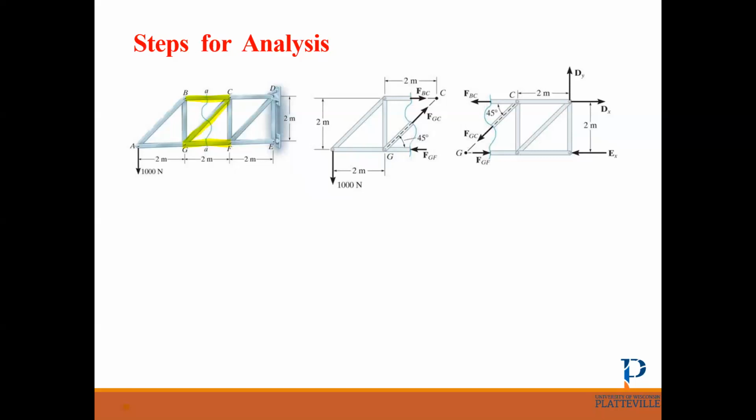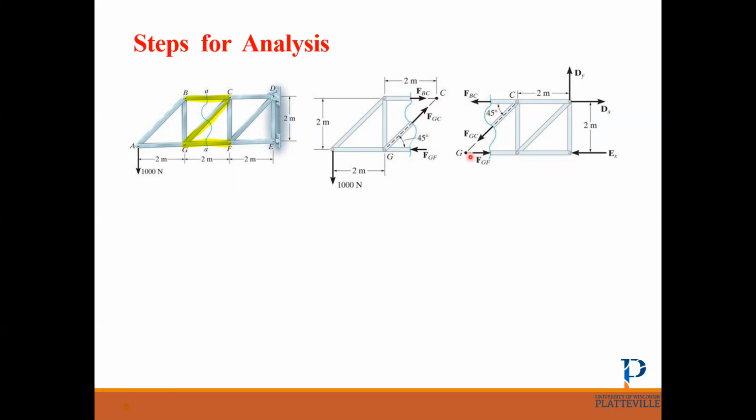So we have all external forces, including external reactions Dx, Dy, Fx, and all internal forces. And 1000 Newton is an external force. So we just assume all of them are in tension. This one is in compression.